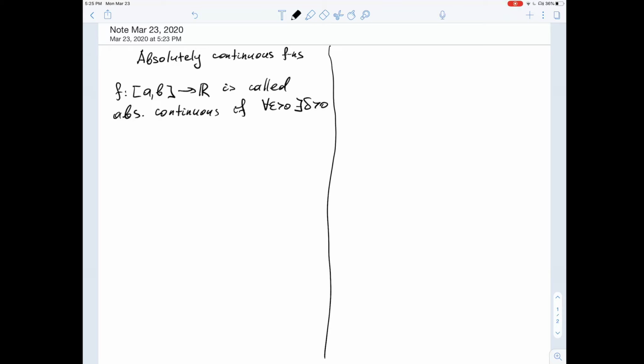And now you would expect that I say that if 2 points are close enough to each other, then the values of the function are close enough to each other. But now we'll do something completely different.